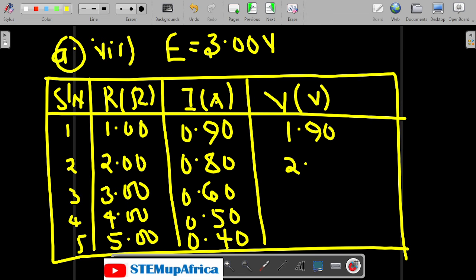Here is 2.10. Here is 2.50. And here is 2.70. Here is 2.90. So this is perfect. Like I said, I can't stress this enough. These are perfect values for the questions.